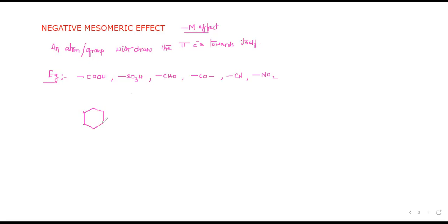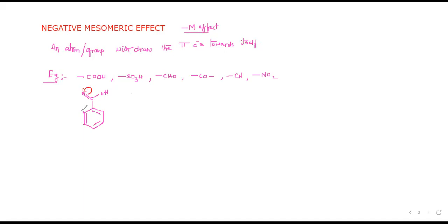Benzene ring containing COOH. As you know, the COOH group has a carbon-oxygen double bond, and oxygen is more electronegative.